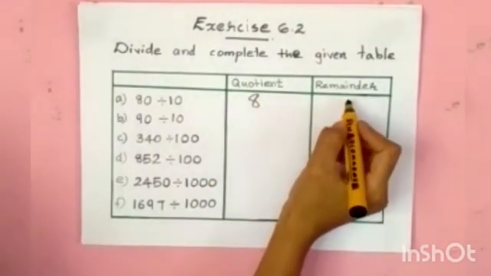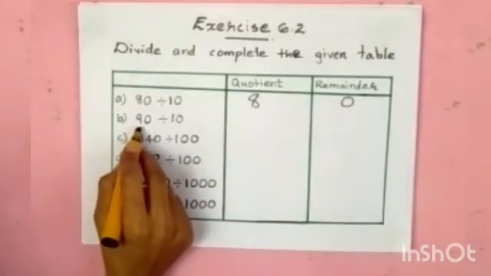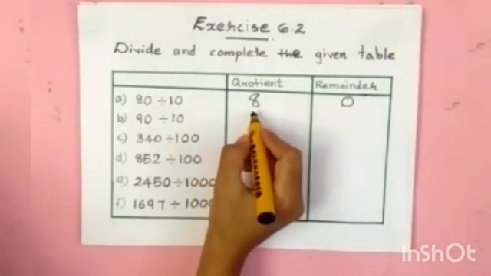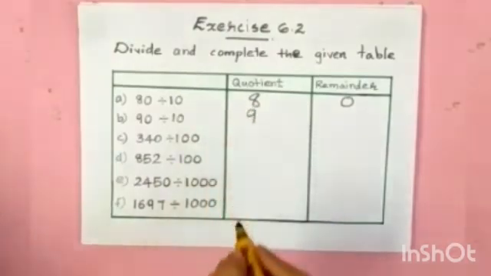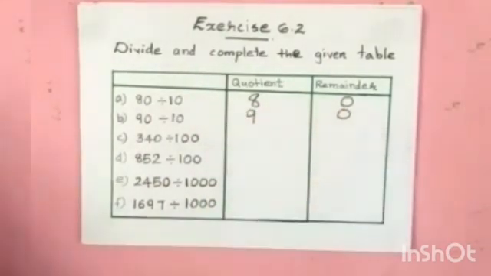The remainder is 0. B question is 90 divided by 10. In table of 10, 9 tens are 90. That means quotient is 9, remainder is 0.